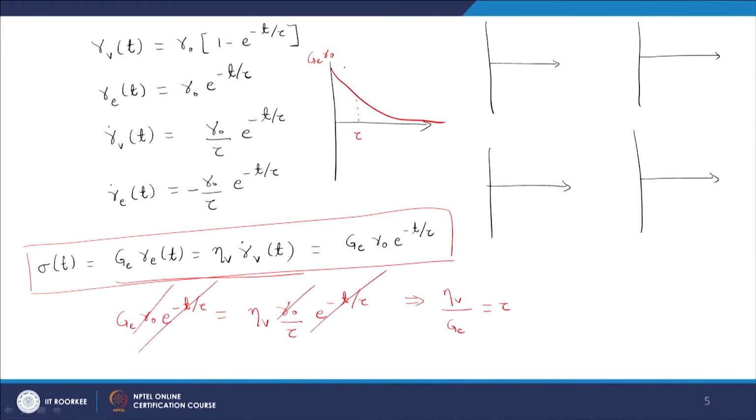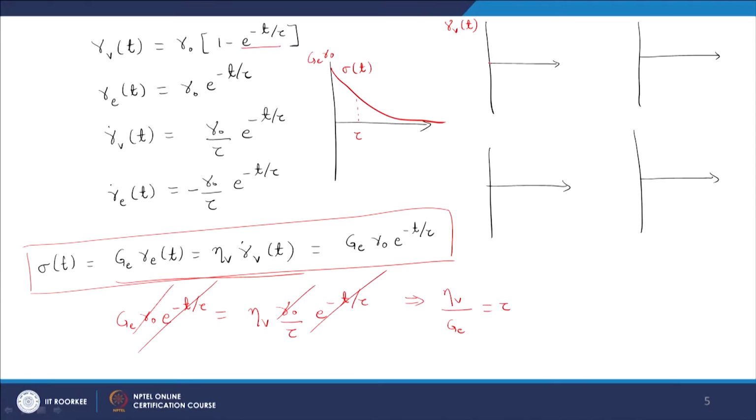If I look at the extension of the viscous element, or the shear on the viscous element, at time t equal to 0, the exponential function is 1. So, it will start from 0, and then eventually at infinite time the exponential term is going to be 0, so it will become gamma naught.